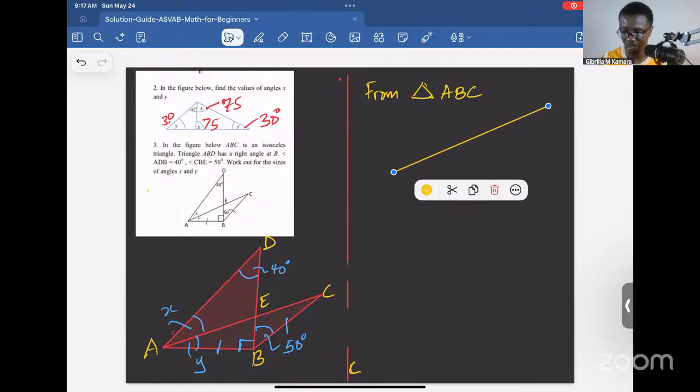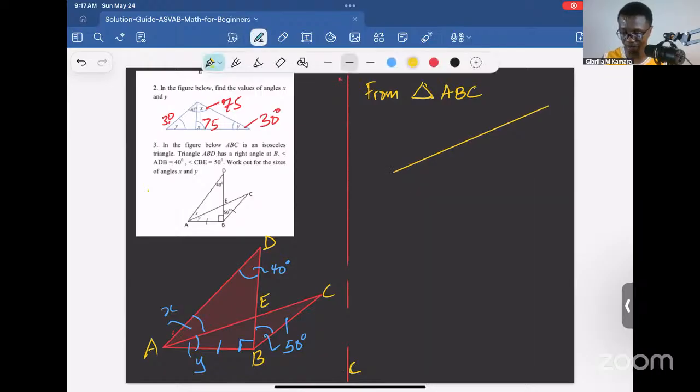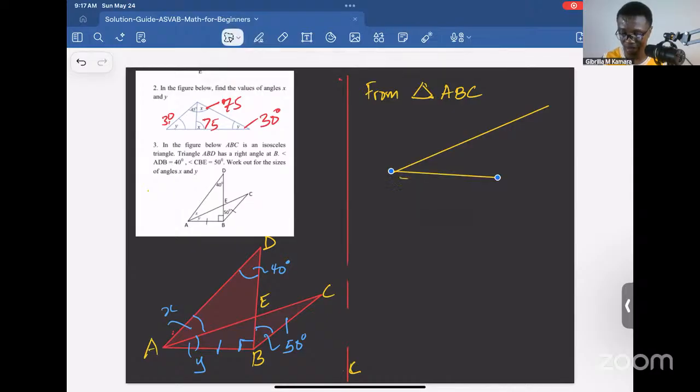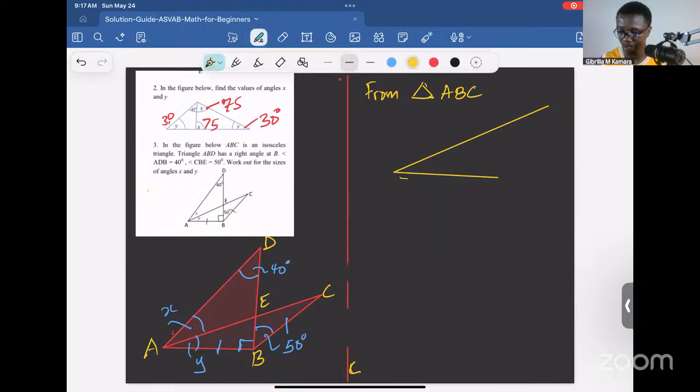Okay. Then we have this, this to this. Now the next one, we have this to this. Then we have this line, which extends something like this, right?